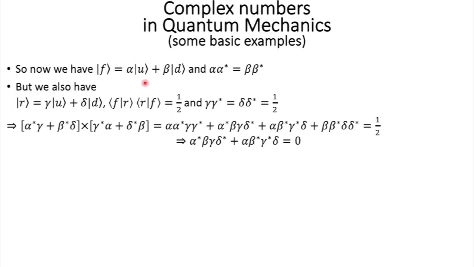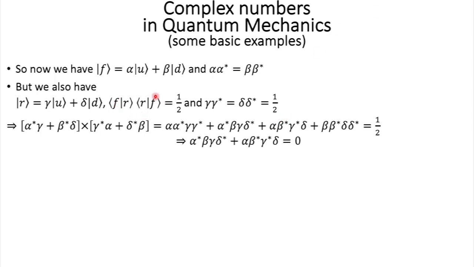So now we have this and this, but we can do the same thing with state R, the right, and we'll assume that R is equal to gamma up plus delta down, and so we have this, and again we have something like that.